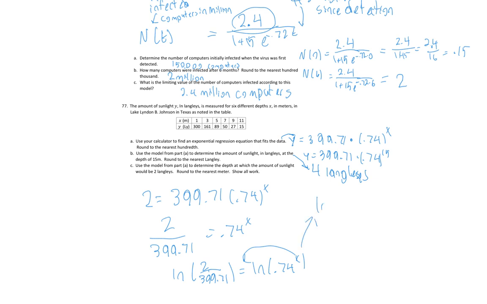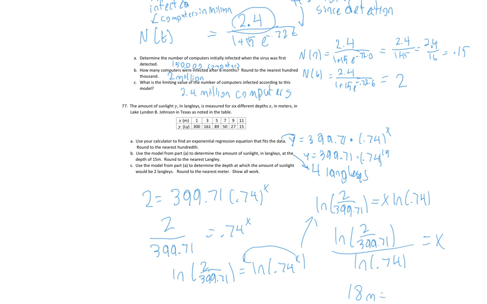So ln of this whole thing, and then I can just divide by ln of 0.74. That gives me x. We're going to round to the nearest meter, so just round to the nearest whole number. I got 17.6 when I plugged it in, so rounding up would be 18 meters.